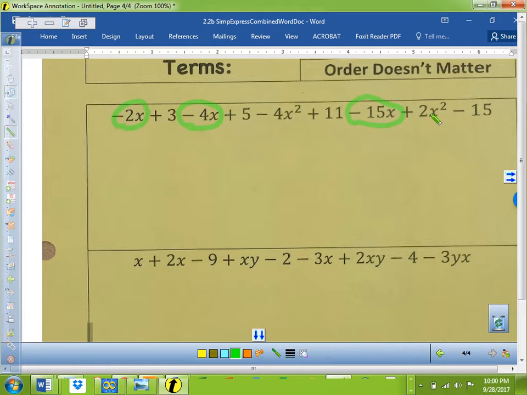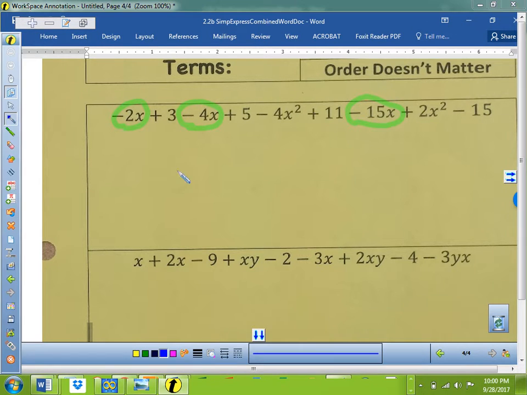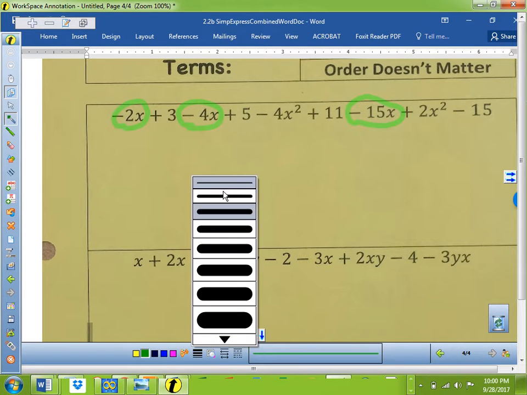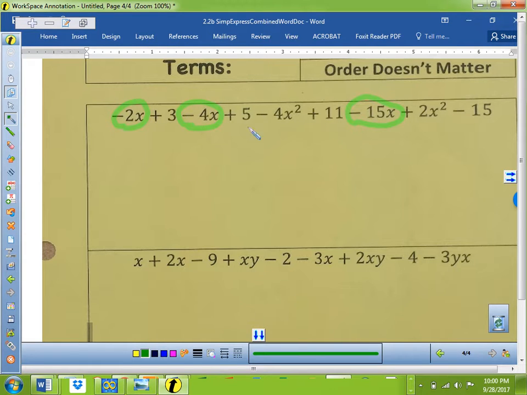They're their own type of terms. But I can now combine these terms. They're called like terms. So here we go. Negative 2x minus 4x is what? I would get negative 6x minus 15. Negative 6 minus 15, that's negative 21x. Okay, that's what I just got out of that.